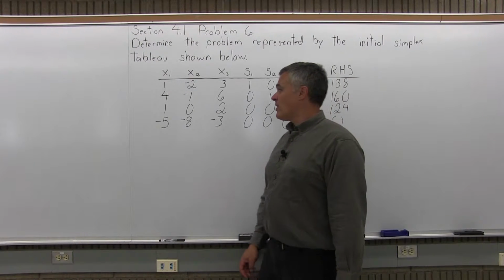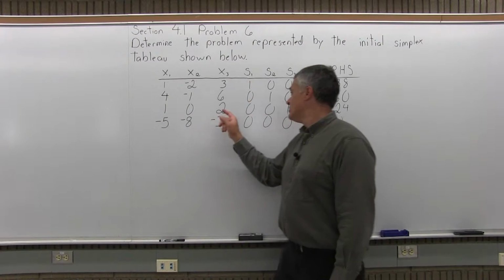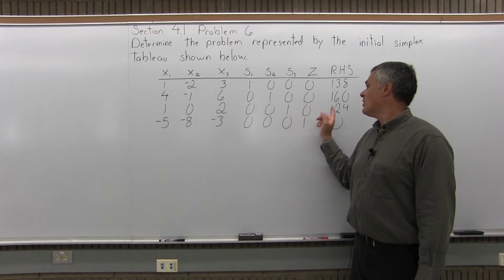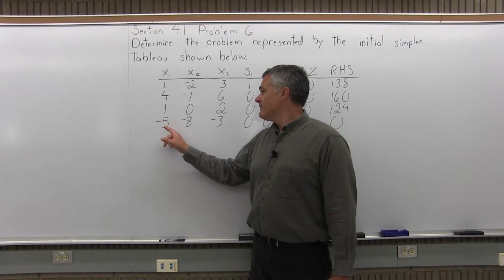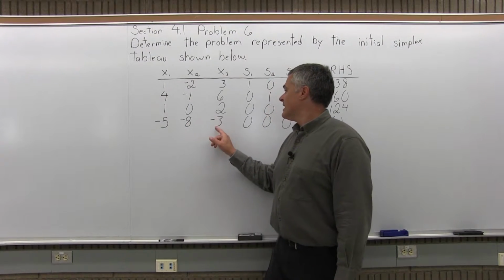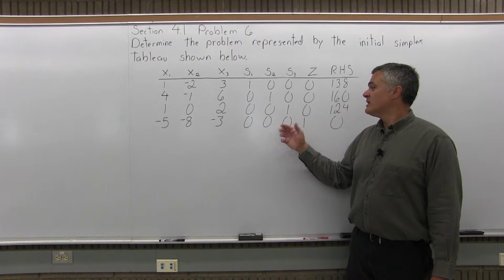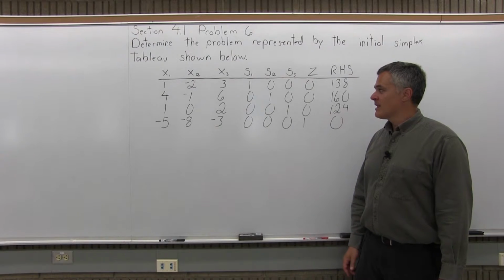The third row of the simplex tableau matrix is 1, 0, 2, 0, 0, 1, 0, 124. And then the bottom row of the matrix is -5, -8, -3, 0, 0, 0. That's 3 zeros in a row. Then 1, and then finally ends in a 0.